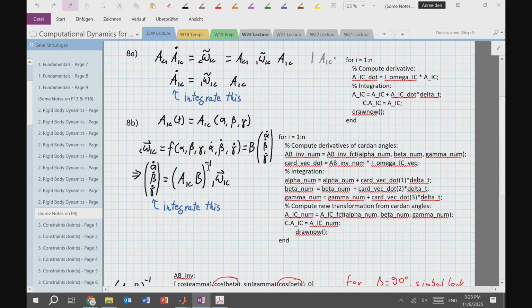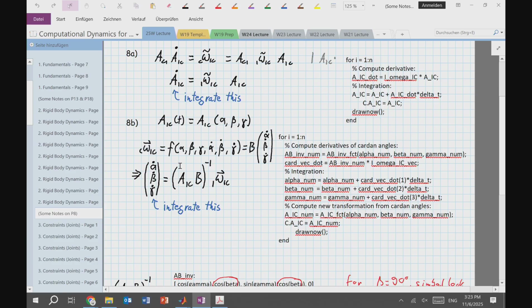If I get rid of the inverse, then this would come to the other side, and I will get that my omega IC, the angular velocity of my body, so this is basically my x, my motion in Cartesian space, x equals AIC times b, this matrix, times here my three motion primitives, which are the three Cardan angular velocities alpha dot, beta dot, gamma dot.